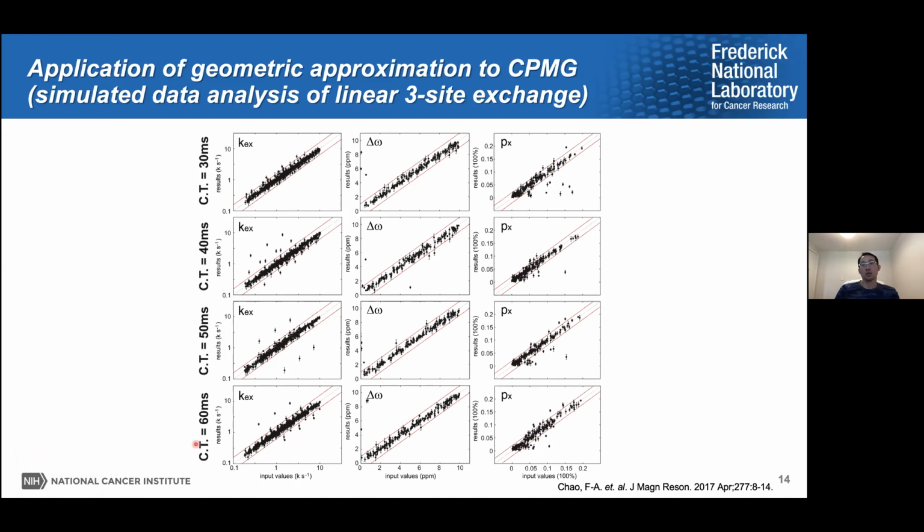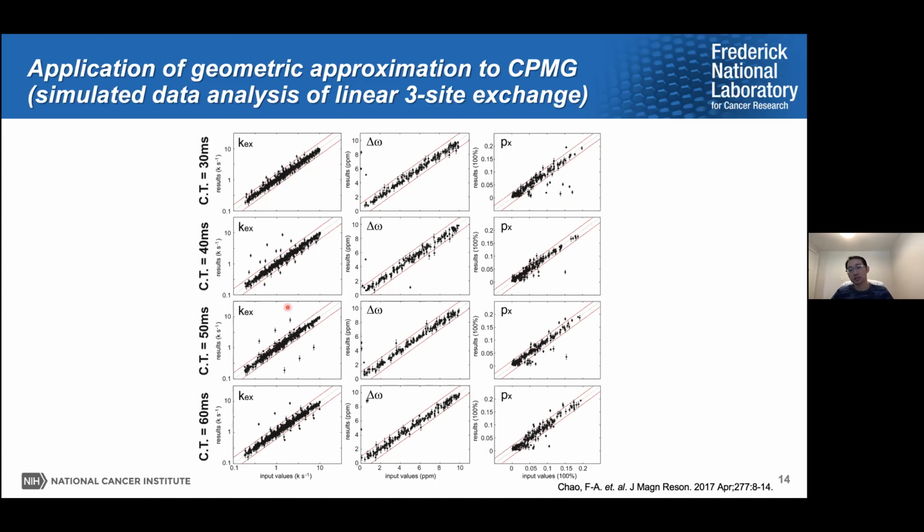Okay, and we see a pretty good alignment, meaning that when you input your dynamic parameter, simulate the data and then analyze with your tool, you should expect the output parameter to match your input value, all right? And then we get pretty much a lot of agreement, except some of them.